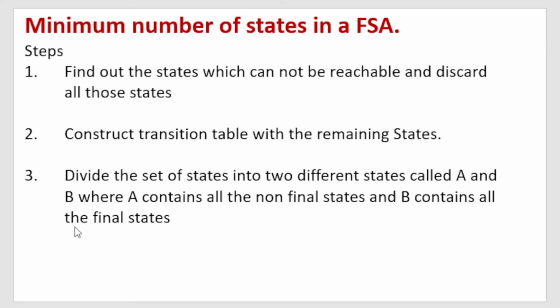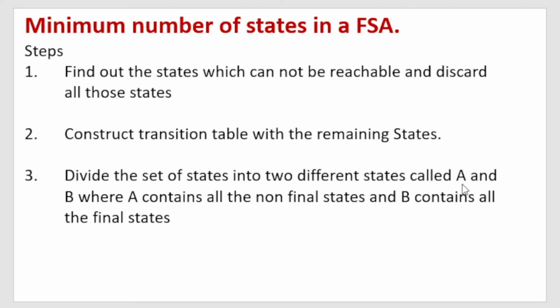The first step is to find out the states which cannot be reached and discard all those states. So we have discarded D in this particular diagram. Then second, construct the transition table with the remaining set of states. Third step is to divide the set of states into two different groups called A and B, where A contains all non-final states and B contains all final states.